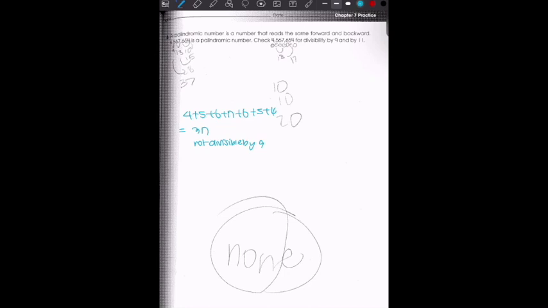But for 11, we're going to calculate the sum of the digits of the even place and the digits of the odd place.